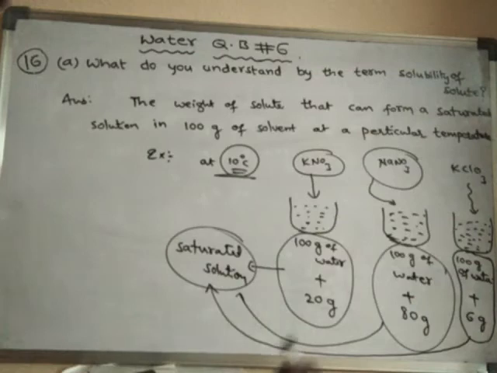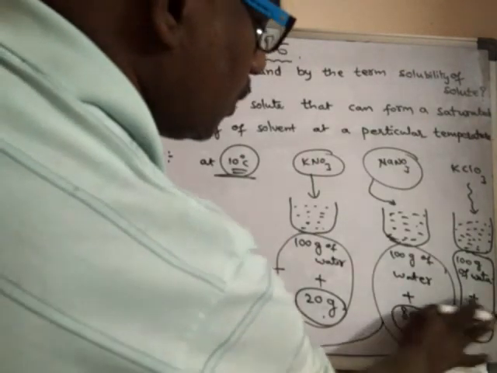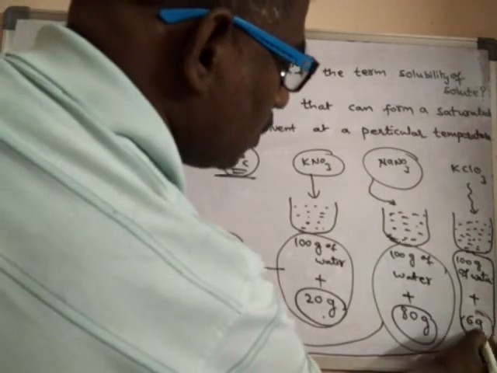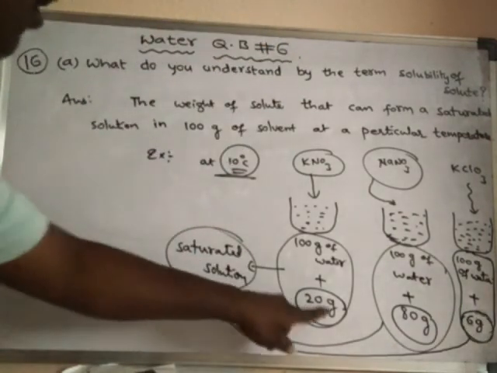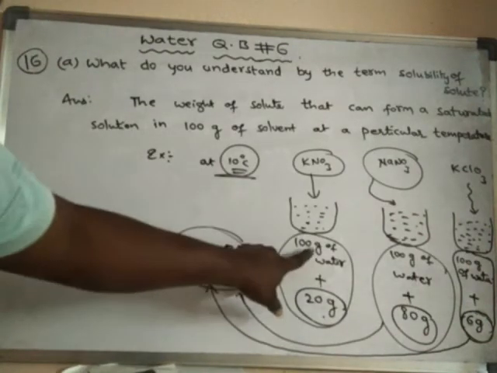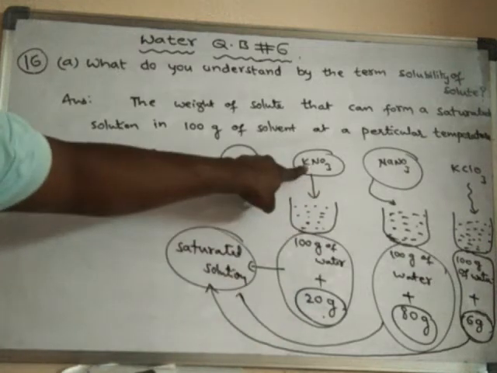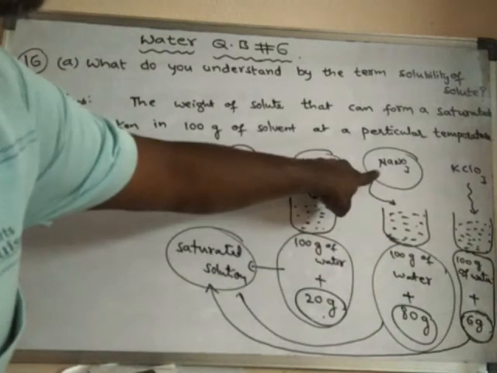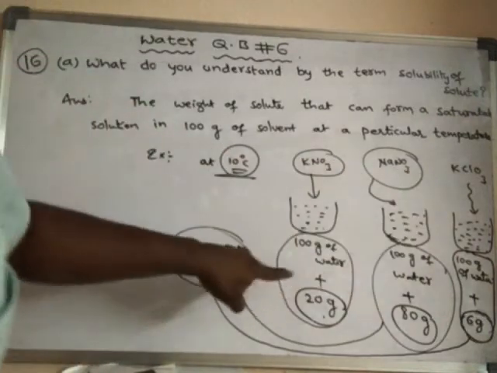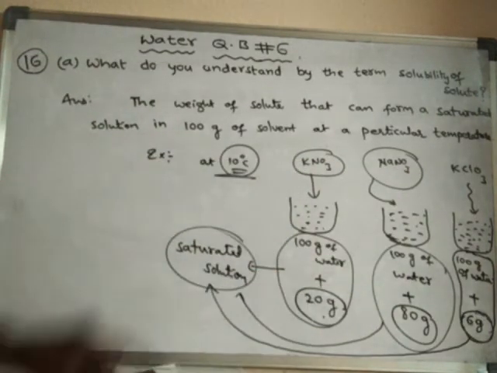So the amount of solute that can form a saturated solution in 100 grams of water is said to be the solubility of that particular substance. So from this it is understood that the solubility of KNO3 is 20.